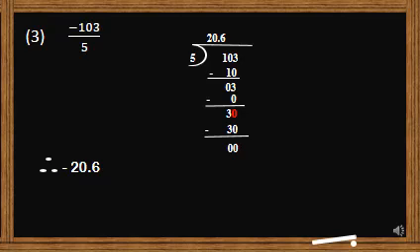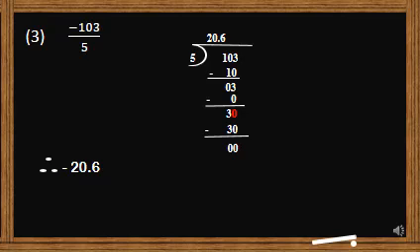We take the first two digits, 10. 5 twos are 10. Our remainder is 0. We take the 3 down. Now does 3 come in the table of 5? No, it doesn't. So we take 5 zeros are 0. When 3 minus 0, our answer is 3.